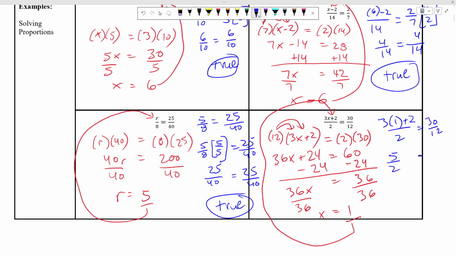Now let's see if I can manipulate denominators. To go from 2 to 12, the least common multiple would be 6. So I can multiply by 6 over 6. Multiply across, 5 times 6, that would be 30. Multiply the bottoms, that would be 12, equals 30 over 12.